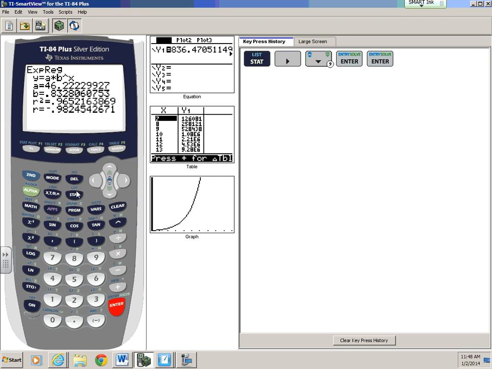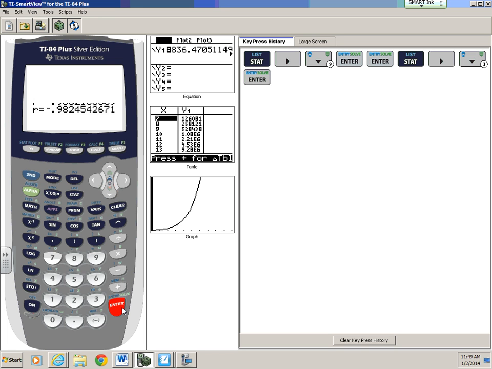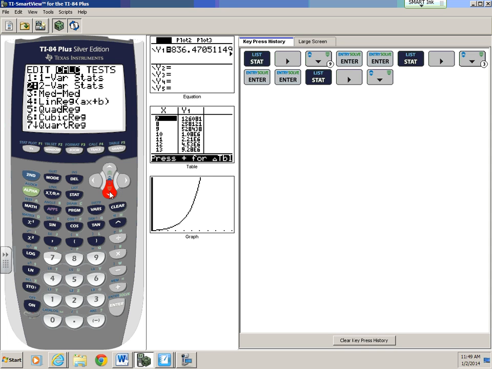So this is really strong, but let's see what it looks like for a linear regression. See which one is preferable. Excuse me. And you'll see linear is negative 0.95, so the exponential one is definitely what we want to be using here. So I'm going to go back to it, because we're going to show you how to use it again in a moment.